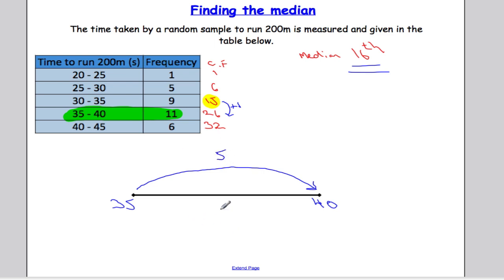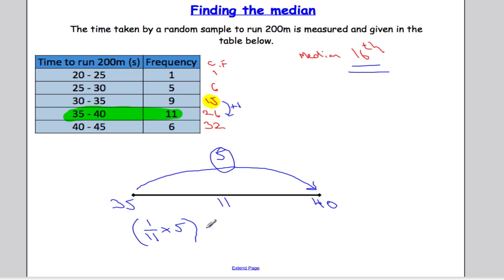And that would be for a full 11 people. But I don't want the full class width for 11 people. I only want 1 out of 11. So that's the proportion of this class width I'm actually interested in. So I'm concerned with 1/11th out of that whole class width. That's 5. So I want 1/11th of that class width.